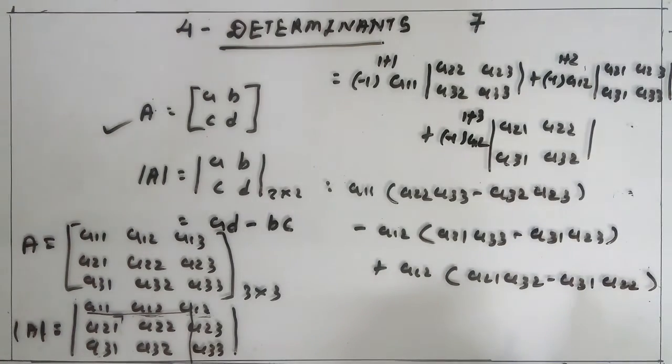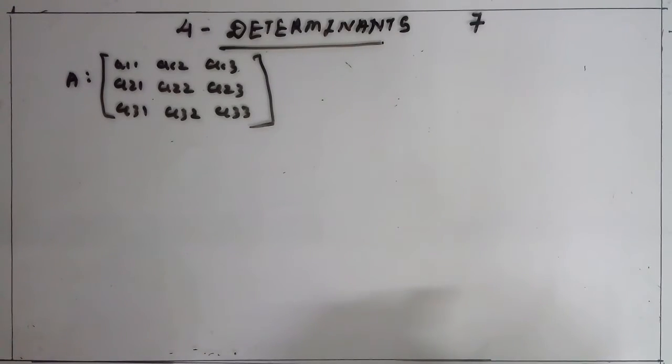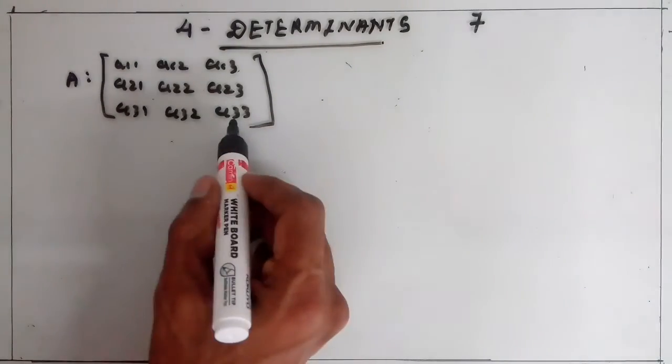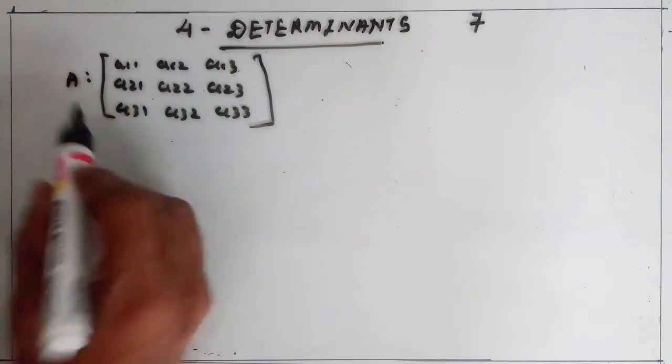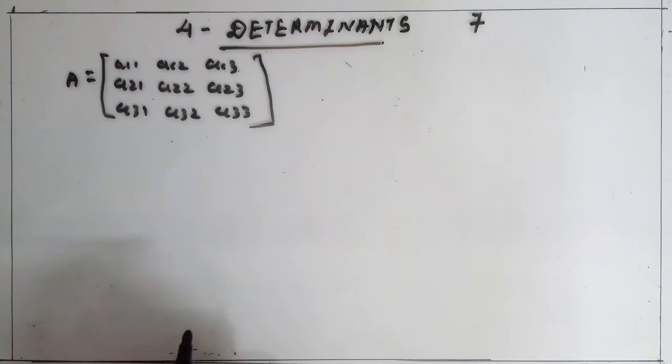Clear? So think how to get the value of this 3 cross 3 matrix. Similarly, using any row, second row or third row, or any column, we get the value of this matrix, that is the determinant.